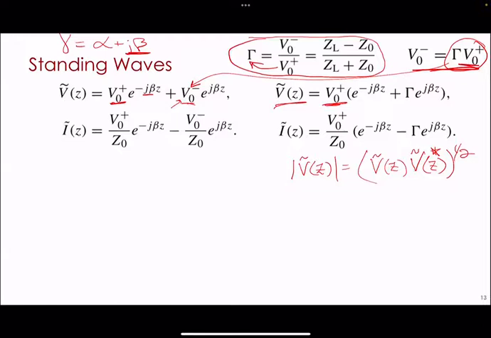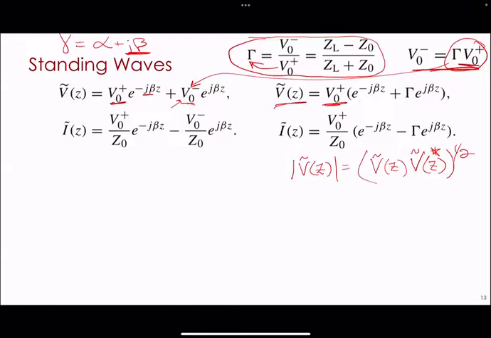Then try calculating it this way. You'd multiply 3 plus j5 by 3 minus j5, because for the complex conjugate you flip the sign of the imaginary part. Then you take the square root of it, and you get the same thing. So that's how we're going to calculate the magnitude of V at z.